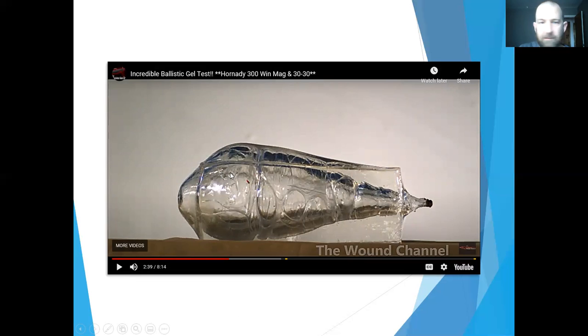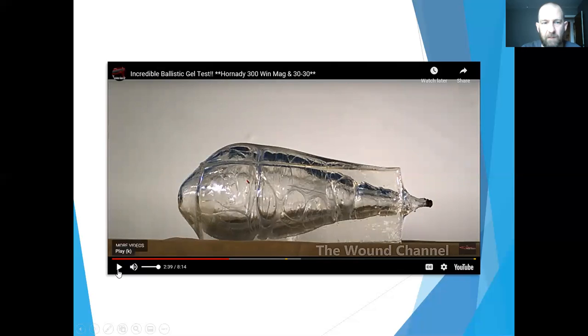This is pushing the person's guts around, their flesh around, destroying tissue on its way through. That's not just a couple of millimeters, how big that bullet is. That's much larger going through the body. We can also see that the bullet fragmented in there. You can see different parts of the bullet all over the place, and those fragments are taking their own path through the body, tearing and ripping and damaging tissues.